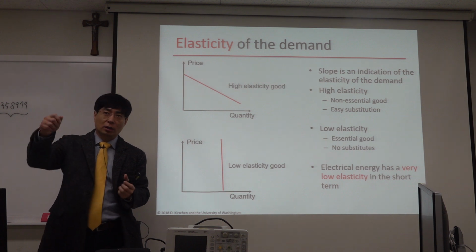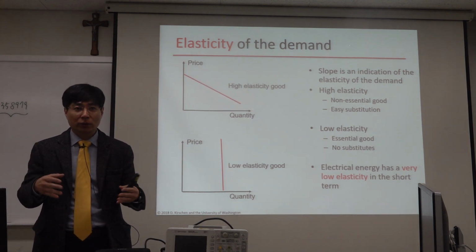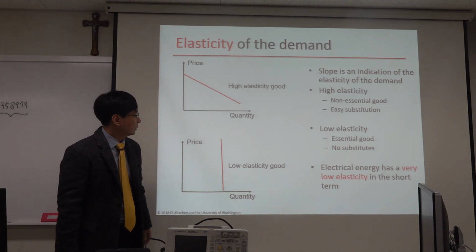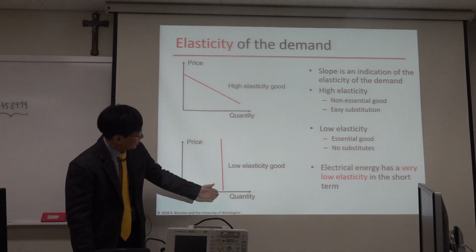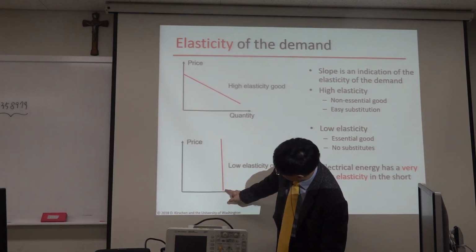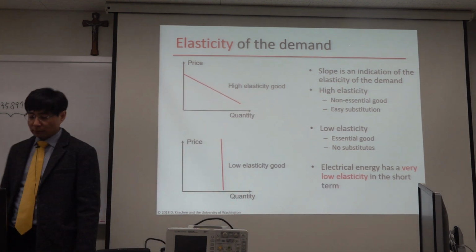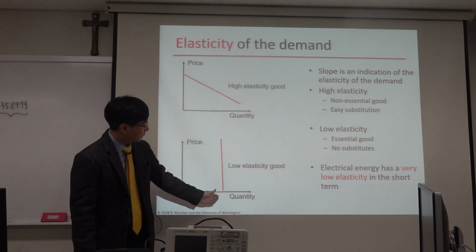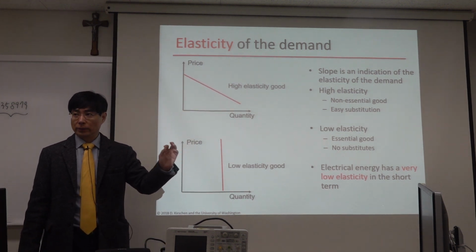Of course, you can turn off the air conditioner, but still you need to watch TV, you need to cook. Okay, so electrical energy has a very low elasticity. So this demand curve is typically very stiff. This is nearly vertical, slightly tilted. If this is perfectly vertical, then the elasticity is 0.